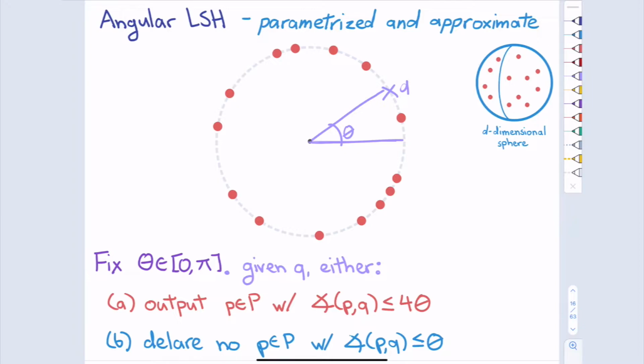If I output a point that's 1.5 theta away in terms of the angle, that doesn't necessarily tell me there's no point within theta or not. So I have an approximation criteria, and I have some wiggle room. That's important.